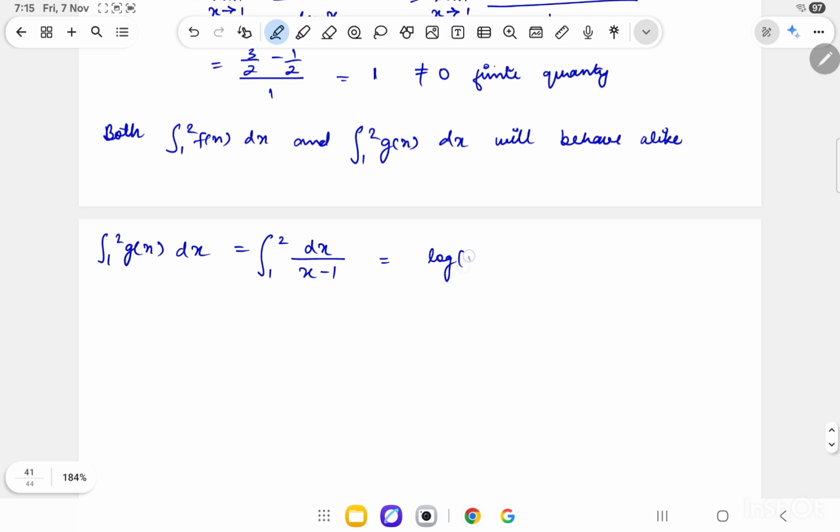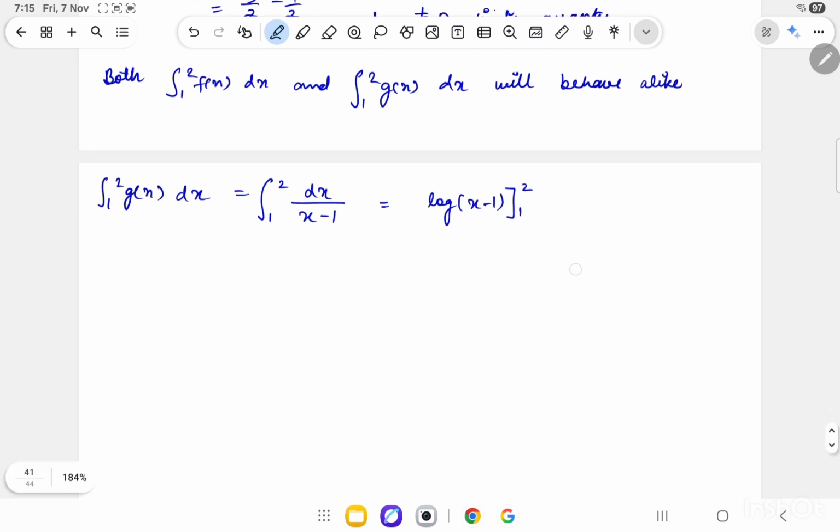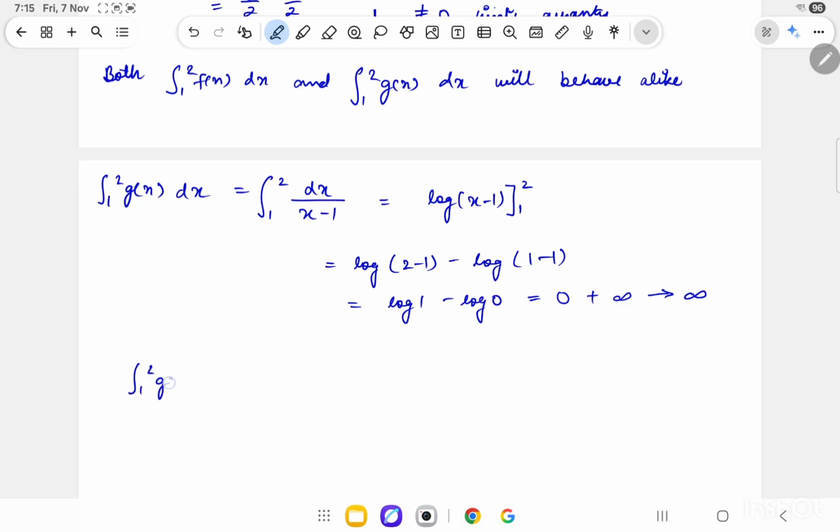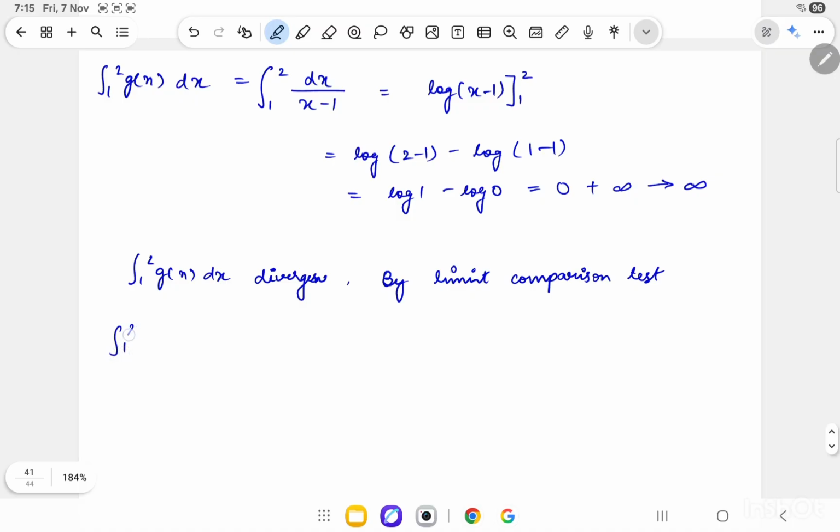That is log of x minus 1, with limits from 1 to 2, which is log of 2 minus 1 minus log of 1 minus 1. That is log 1 minus log 0. Log 1 is 0 but log 0 is minus infinity. So the given integration g(x) approaches infinity. So integration 1 to 2 g(x) dx basically diverges, and by the limit comparison test integration 1 to 2 f(x) dx also diverges.